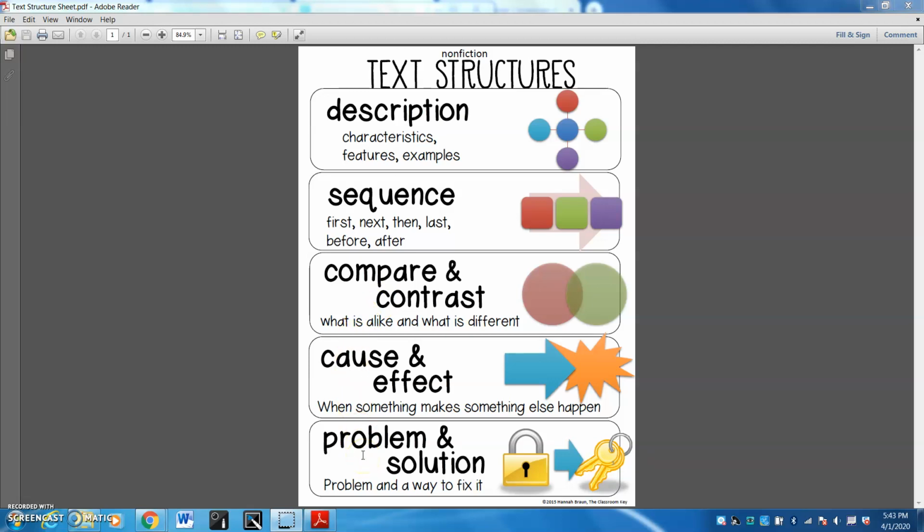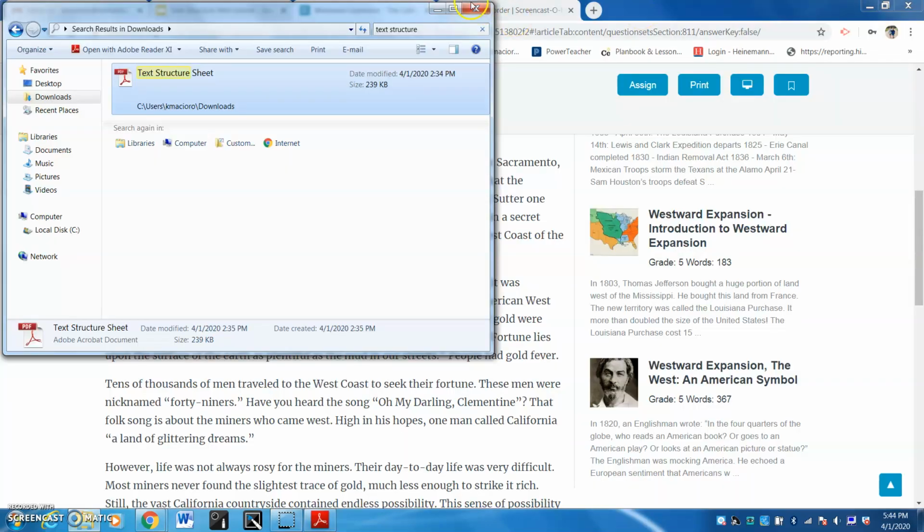Finding gold is really not a problem. What I did see was now that finding gold was going to change everything. That means something's going to happen. So that first paragraph is written in a cause and effect text structure.